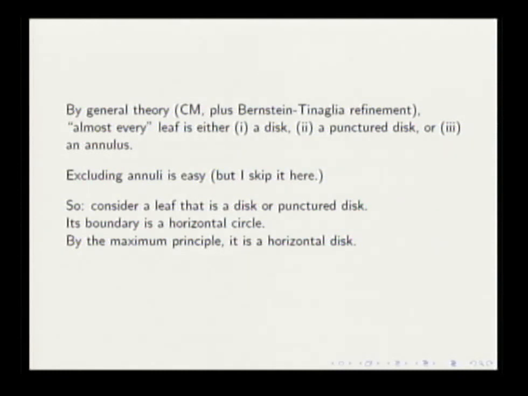Those limit leaves, this argument shows they have to be horizontal disks. And it's also easy to show that every horizontal circle has to be the boundary of at least one limit leaf. Consequently, the lamination L has to be the foliation by horizontal disks.